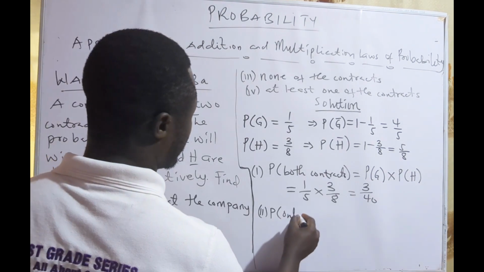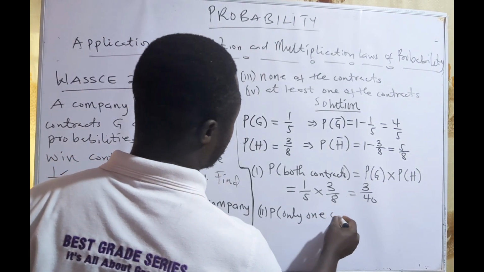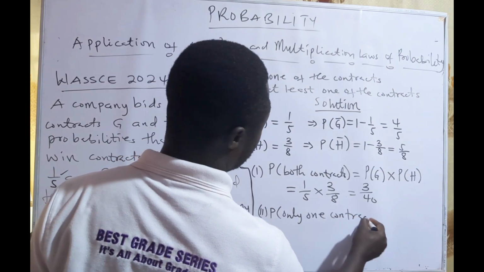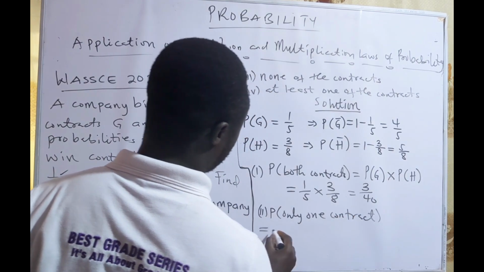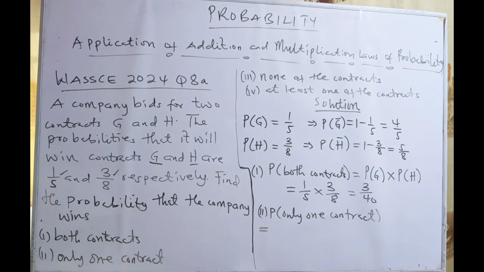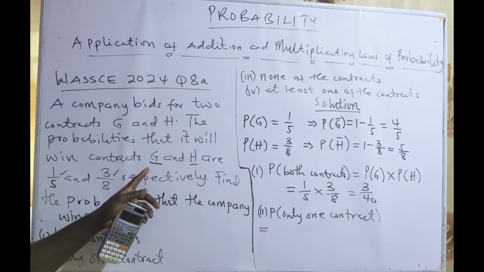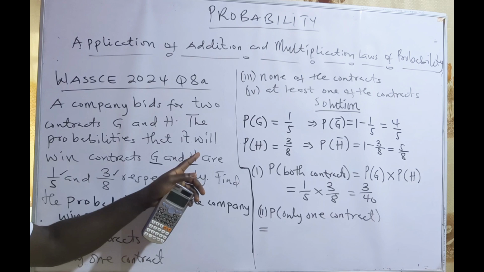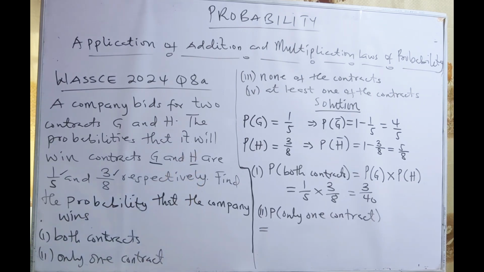So let's do (ii), the probability of only one contract. We are going to look at the probability that the company wins only one of the contracts. The question was not specific to which of the contracts the company is going to win. It just said only one. It means that there are two contracts here. If the company wins J, then the company will not win H, because it says the company will win one at a time.